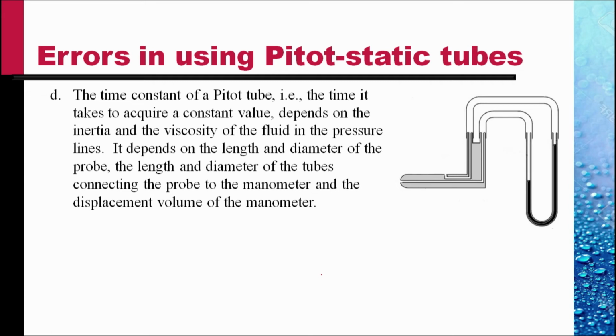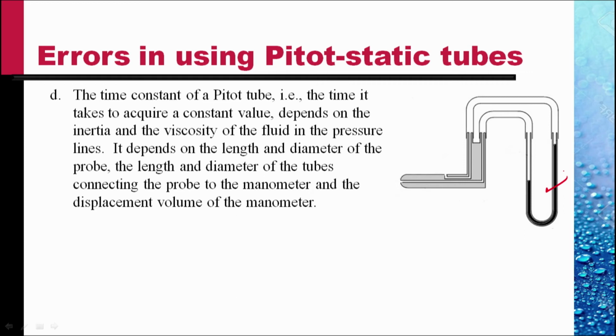So also the measuring fluid, the gauge fluid that we use for indicating the pressure, needs to move up and down. It will take time for the fluid to accelerate and then come to rest. This limits how fast we can take the readings, or if we can take dynamic readings at all.